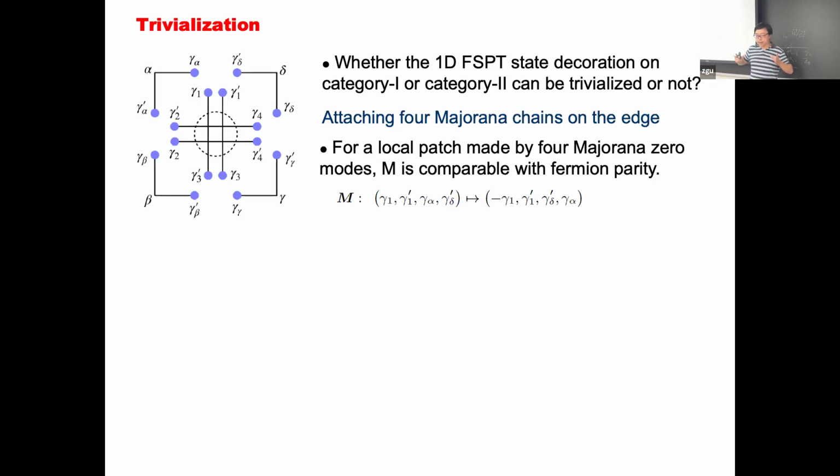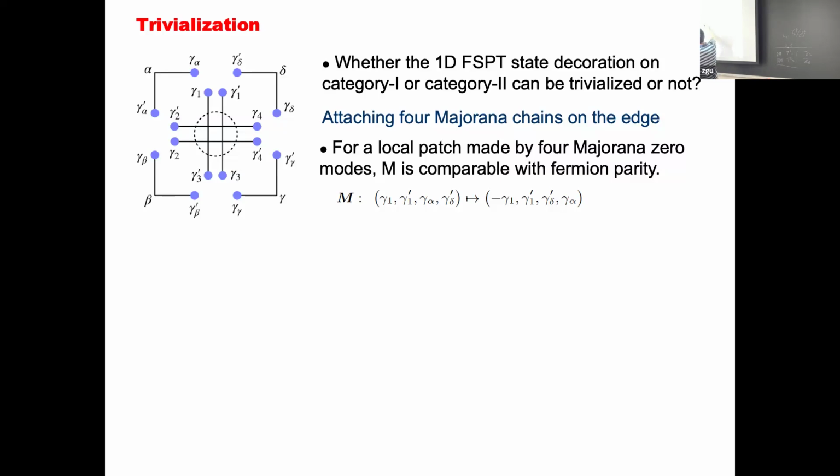After this attachment, we ask whether we can gap out these 8 Majorana modes in a symmetric way or not. If you can gap them out, then it's identical to the trivial phase, because in the lab we don't know whether there's an open Majorana chain on the boundary or not, since you always allow attaching some one-dimensional invertible phase. So it looks like we can gap them out in a symmetric way, because you can focus on this group of Majorana modes.